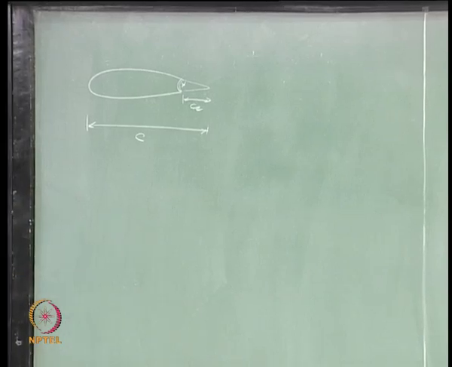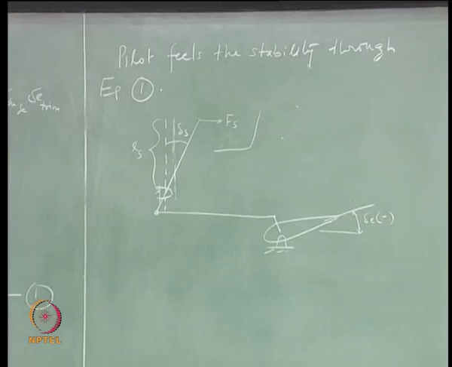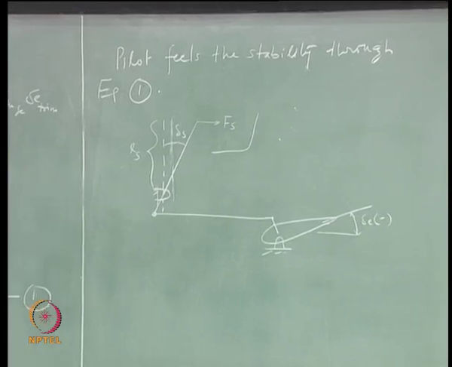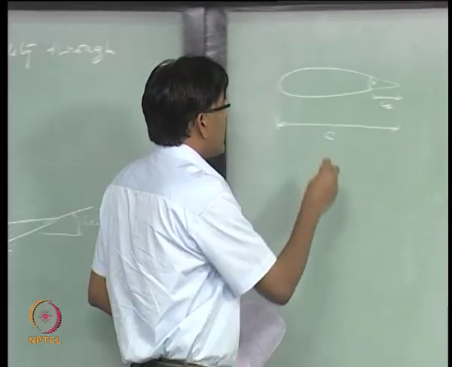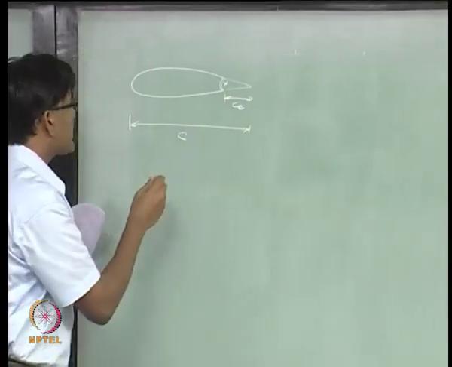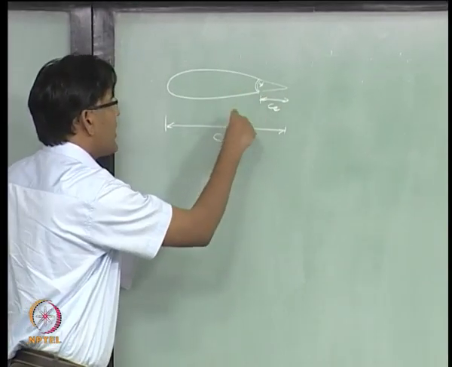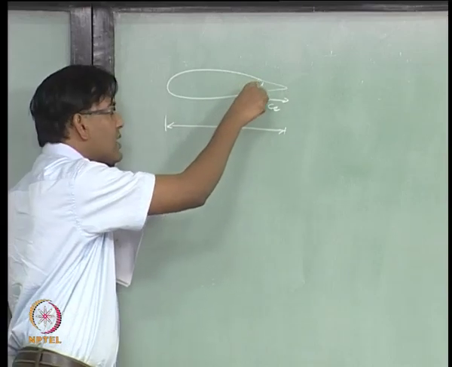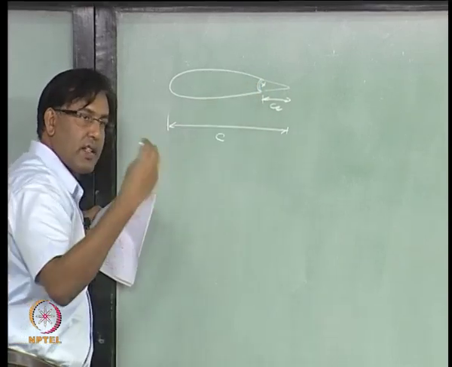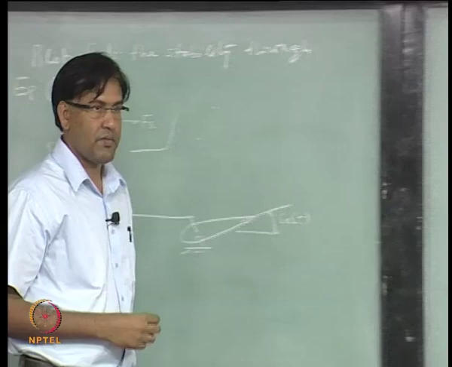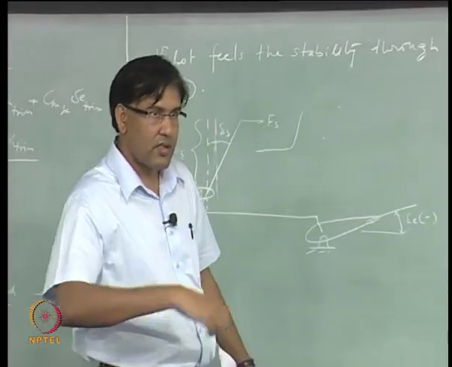Whatever we are talking about here, similar explanation we can give also for other control surfaces, right. So, hinge moment is the moment about this hinge line, okay, that the pilot has to overcome when he is applying this stick force.